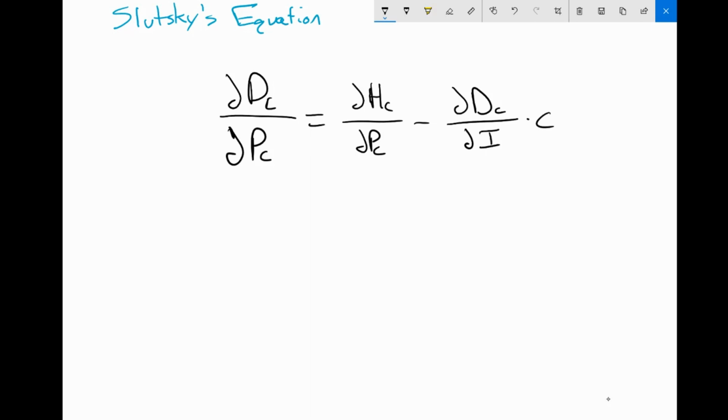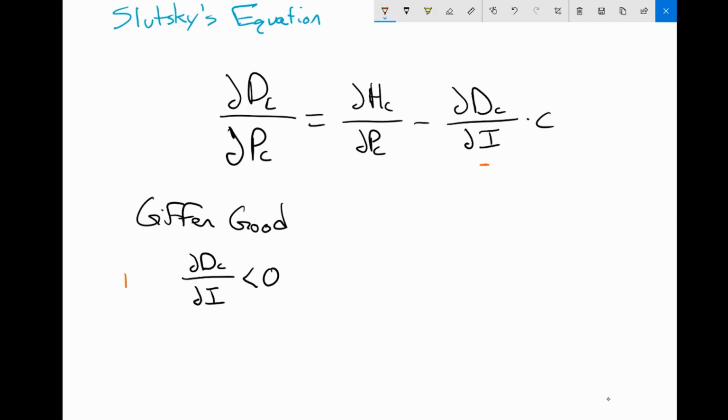Okay. So a Giffen good has the following characteristics. A Giffen good has to be an inferior good. The good is an inferior good if this is negative, because if this term here is negative, when you subtract a negative, that becomes positive, right?